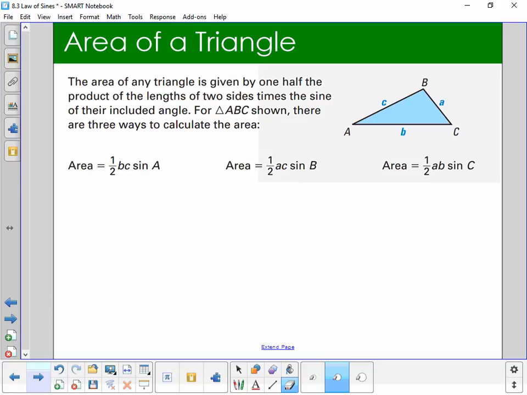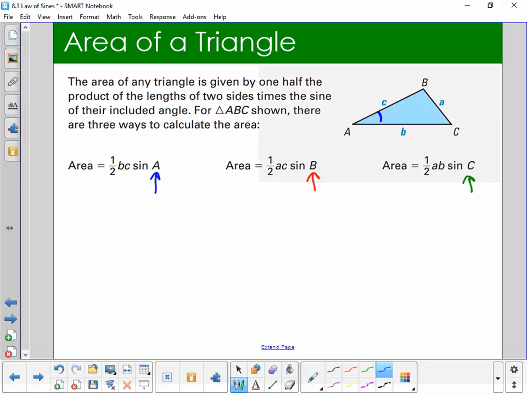Now there's two other versions of that. It just depends on which angle is involved. And those versions just go with each of the angles in the triangle. You can try to memorize letters if you want, but I just always try to think of it logically. The formulas are always going to be half. That's from the fact that they're triangles.